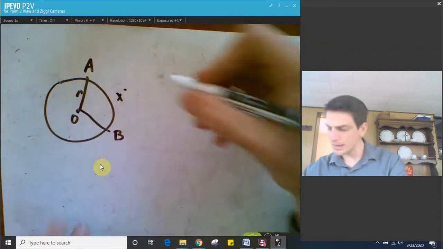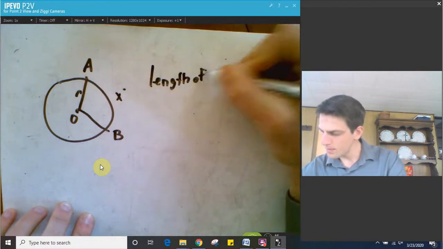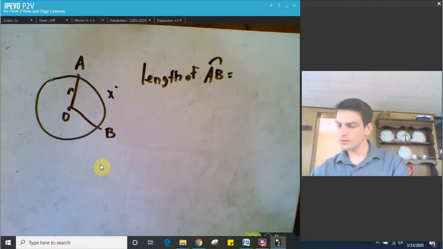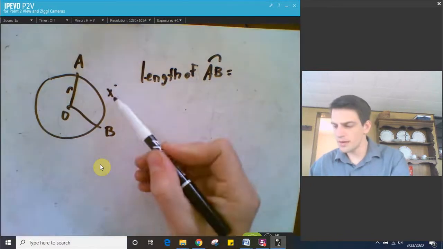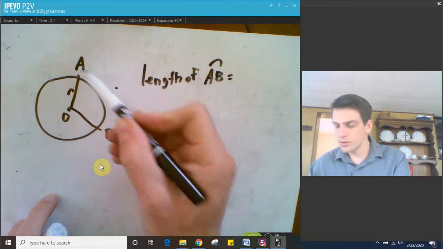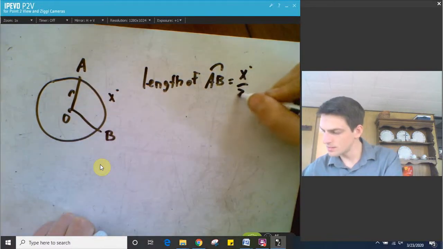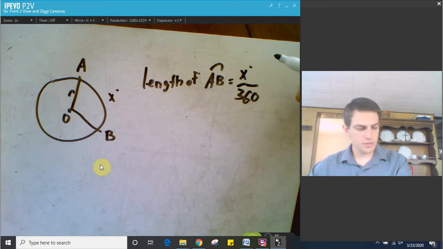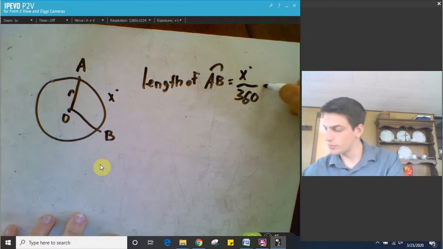If we're looking for the length of arc AB, it is going to be the proportion or the ratio of that arc measure over 360. So it's going to be x degrees out of 360, and it's going to be multiplied by the circumference, which is 2 pi r.